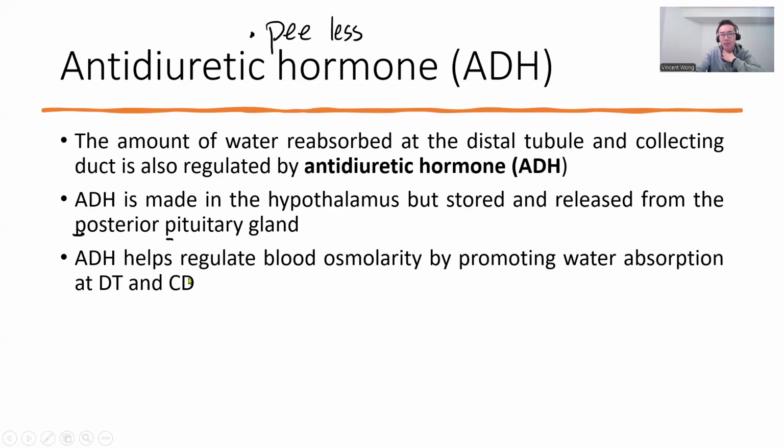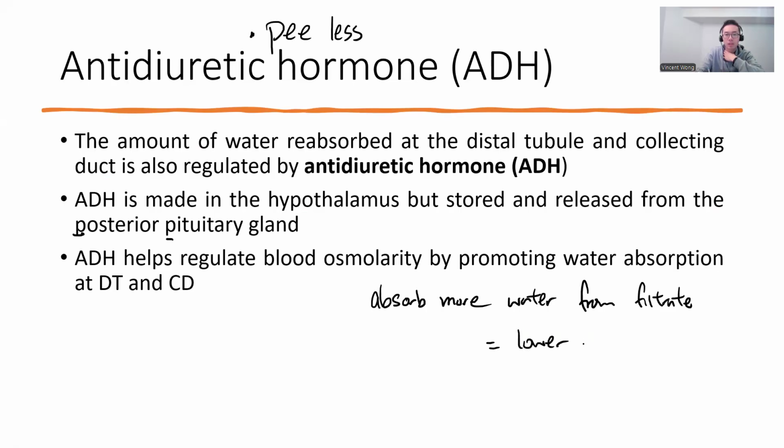You don't want to pee as much, so you want to absorb more water from the filtrate. Absorb more water from filtrate equals lower urine volume. Okay. You conserve water.